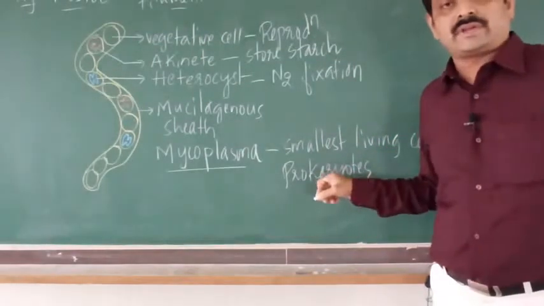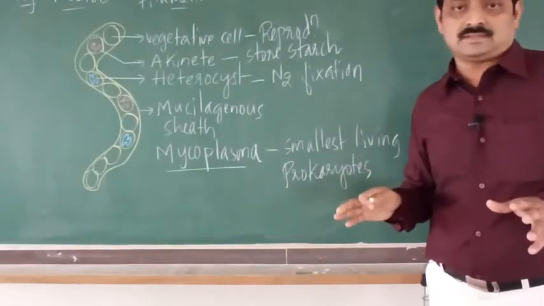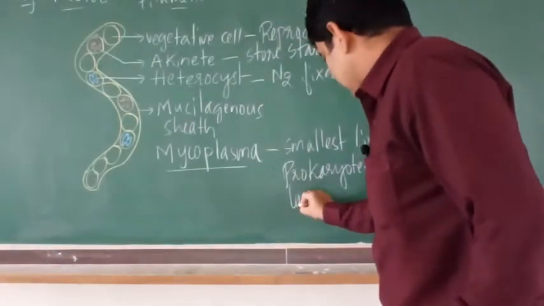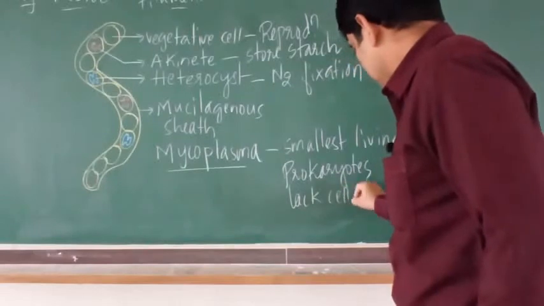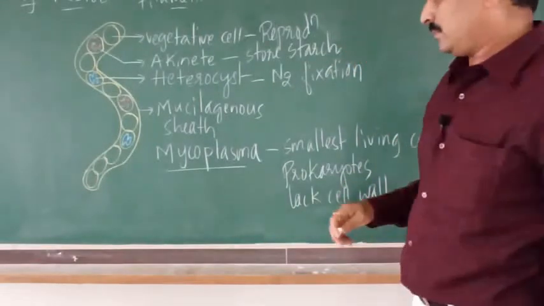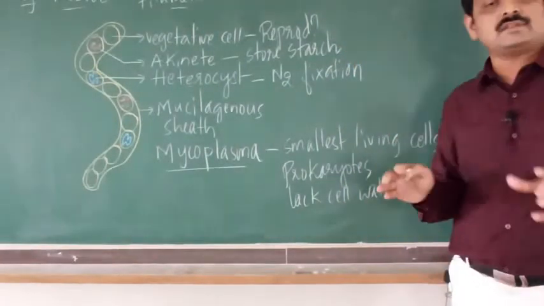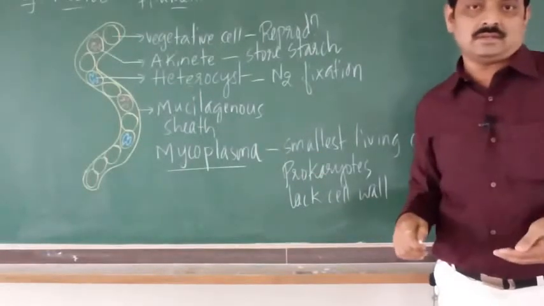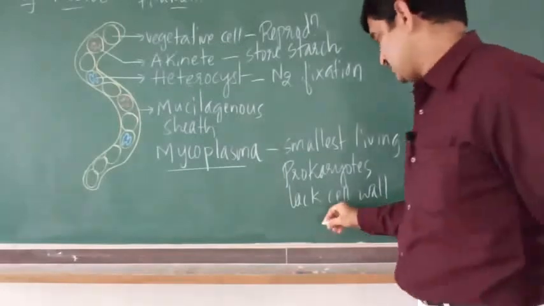Mycoplasma are prokaryotes, means they are bacterial cells or they are bacteria. Now these lack a cell wall. Mycoplasma lack a cell wall, means the cell wall is absent in these cells, and these cells are mainly parasites.